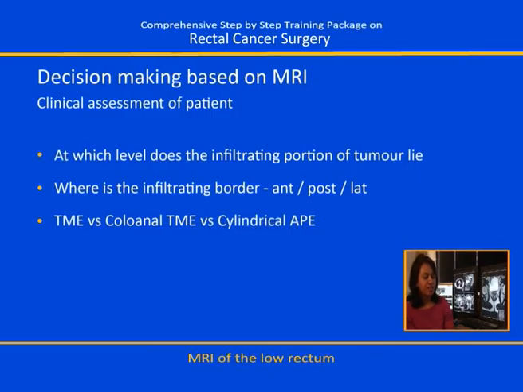So establishing where the infiltrating border is, where the radial margins are most at risk, will enable surgeons to come to a decision with regard to the particular extension of the surgery that's required to get a clear margin.